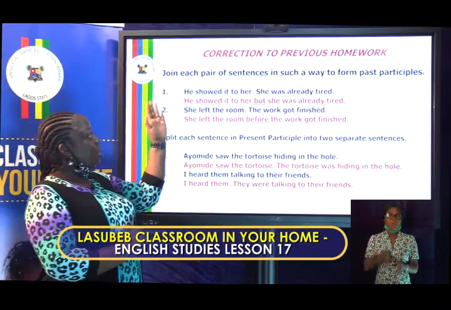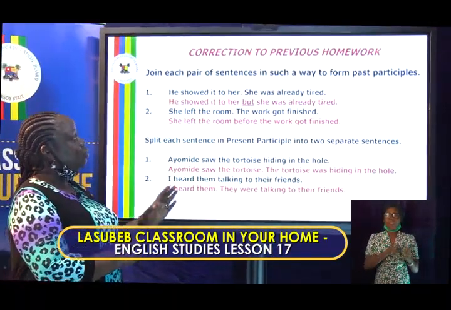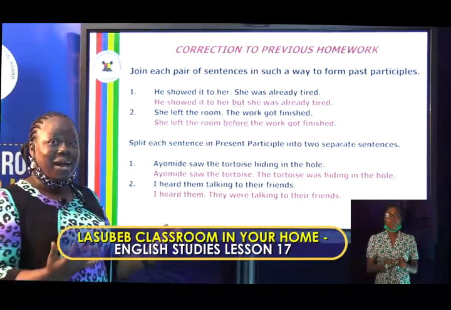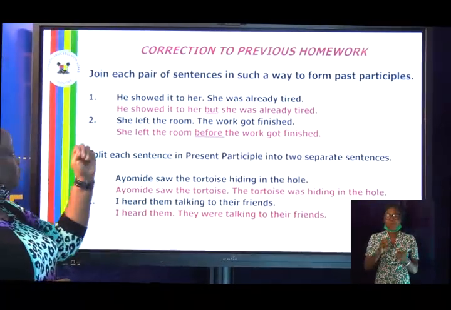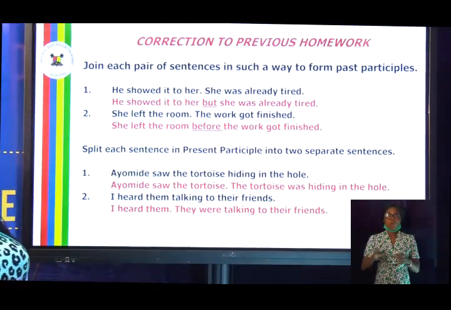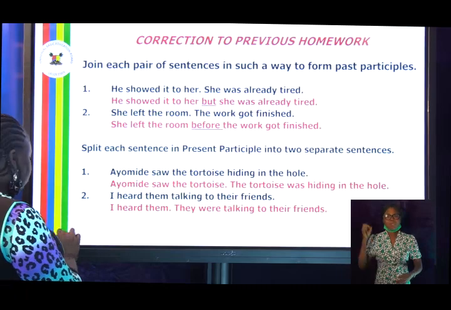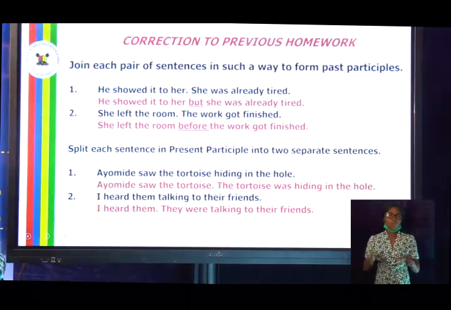You were asked to join each pair of the sentences in such a way to form their past participle forms. 1. He showed it to her. She was already tired.